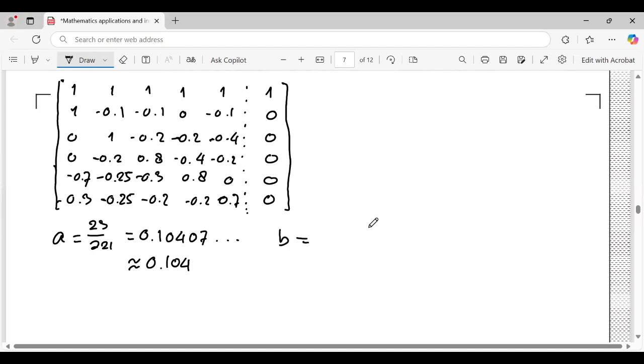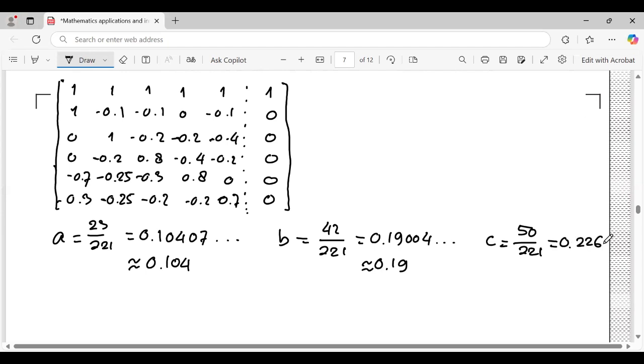B is 42 over 221, or 0.19004, rounded 0.19. C, or pi C, equals 50 over 221, 0.226.